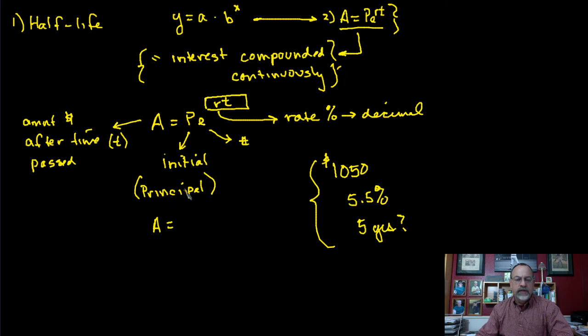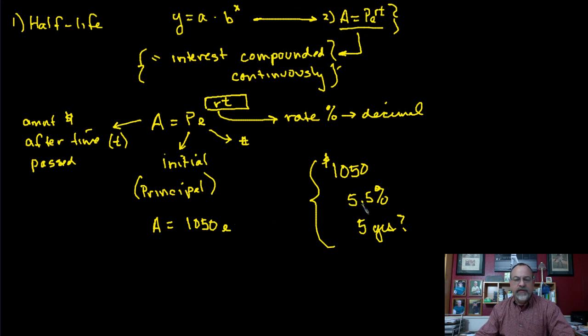The P, or the principal, is the initial amount that we're investing. That's $1,050. E is my base, and again, that's a number. There's an E button on your calculator. It's right above the natural log key, or the LN key.